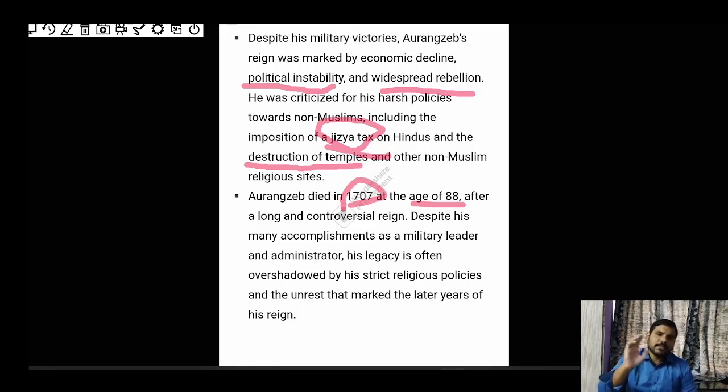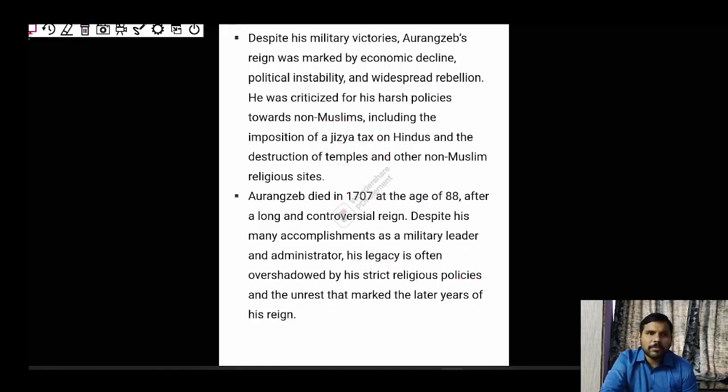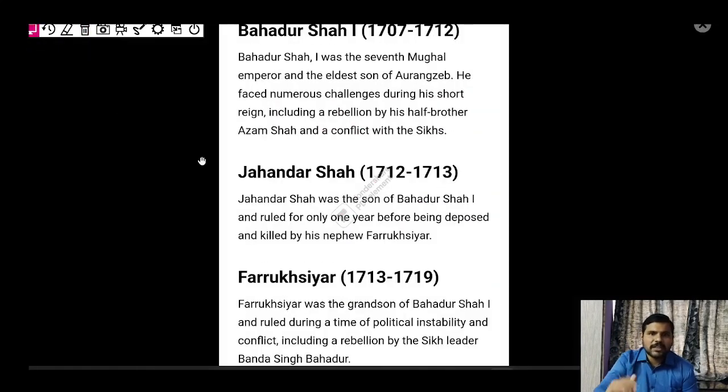From 1526 to 1707 is the proper Mughal period, and later on the Mughal period started declining and it ended in 1857. His legacy is often overshadowed by strict religious policies, and he is not very popular with the masses because of them.